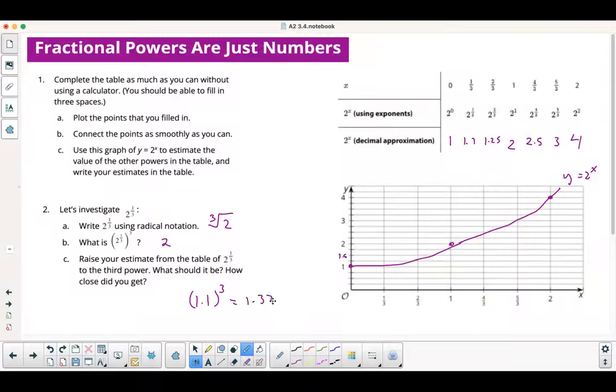So that would be my graph not being very good here. So let's do this. Let me redraw it, make it a little bit neater here. So 1 was at 2 and 2 was at 4. Let's see if I can do this a little bit better.